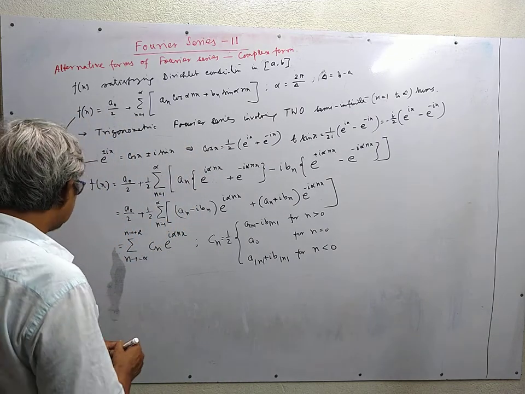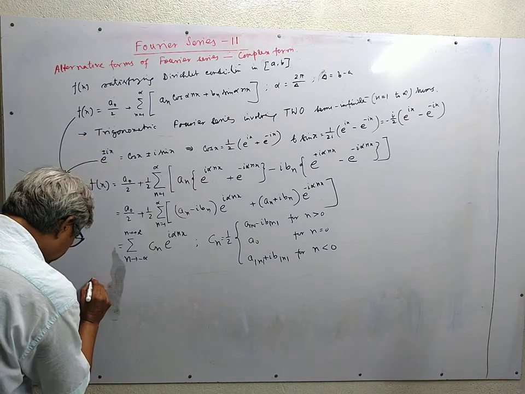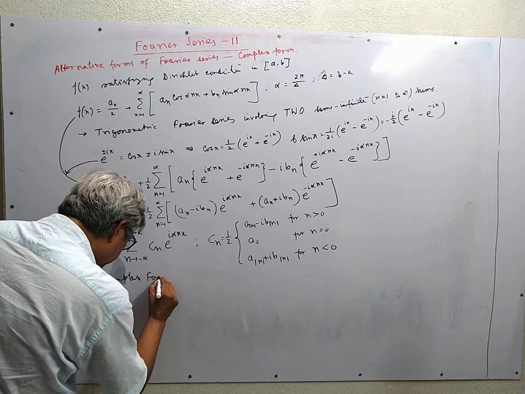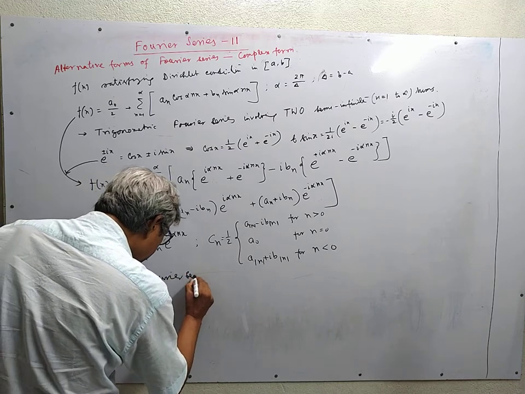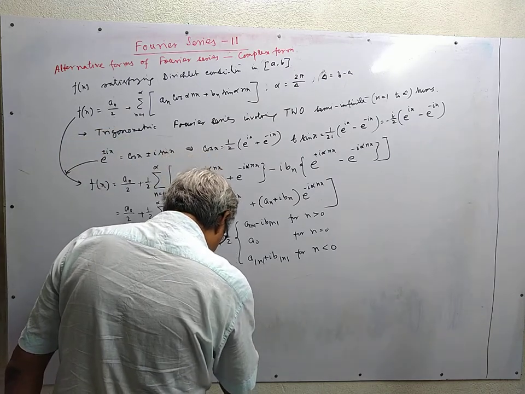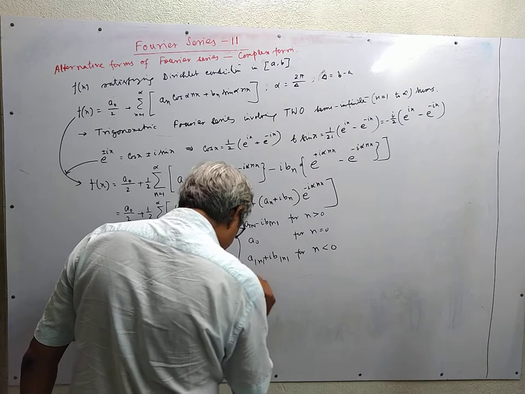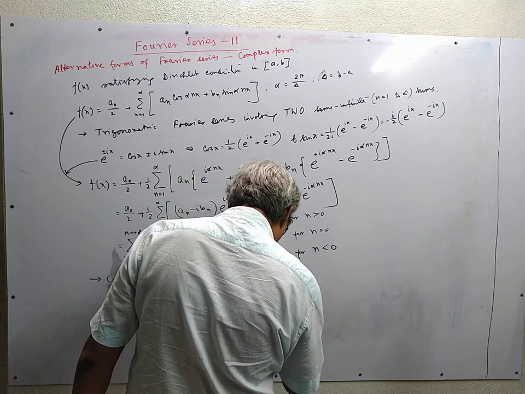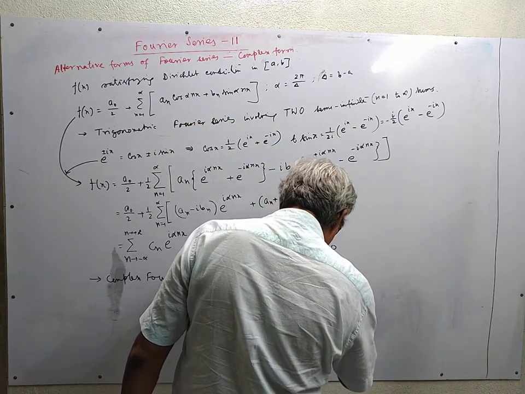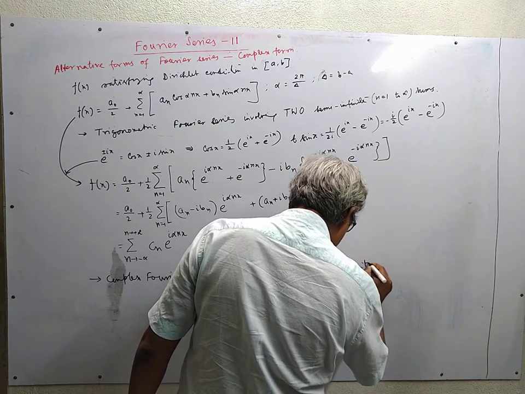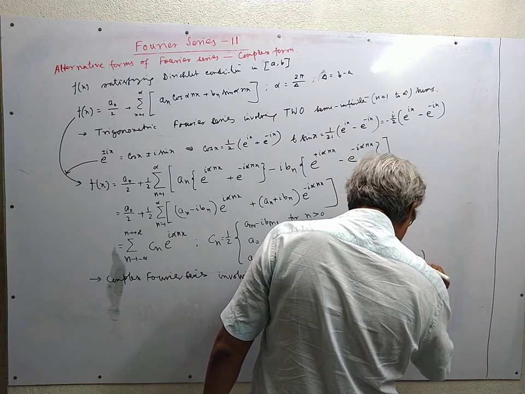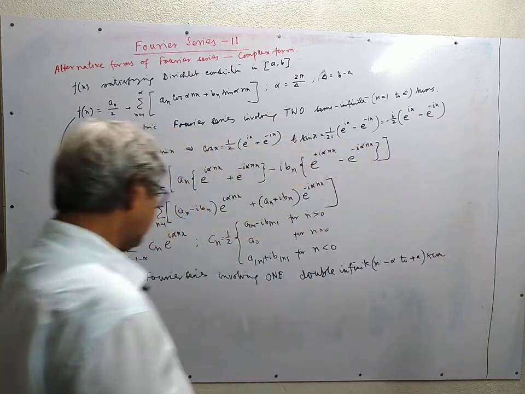So this is known as complex Fourier series, and it involves a single double infinite sum. This is the change.